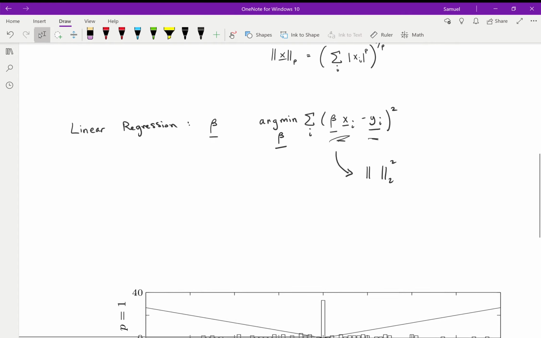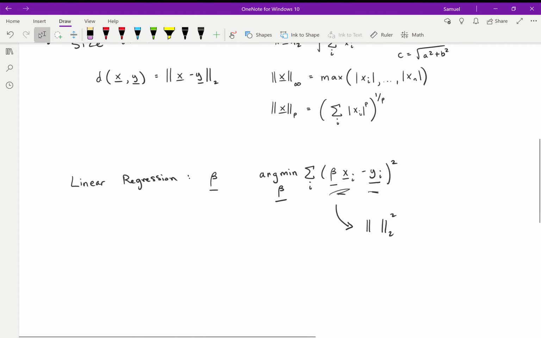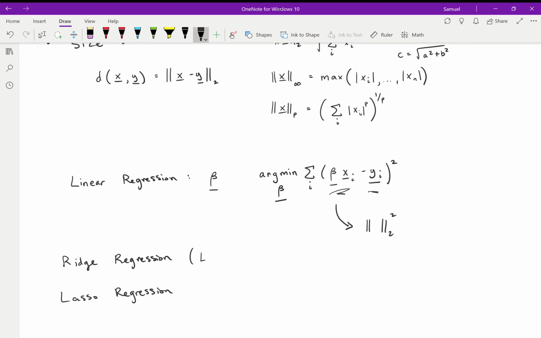Another thing that we've talked about in class that is related to this are ridge regression and lasso regression. These two things are related to L2 regularization and L1 regularization.